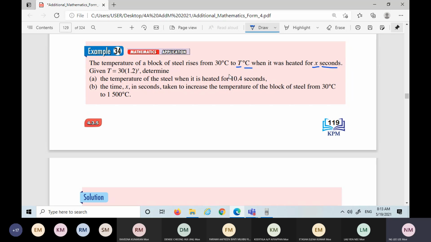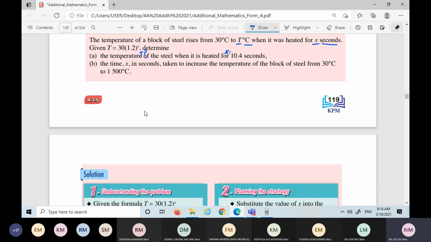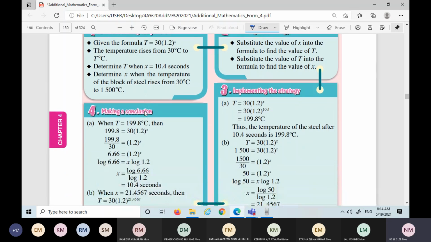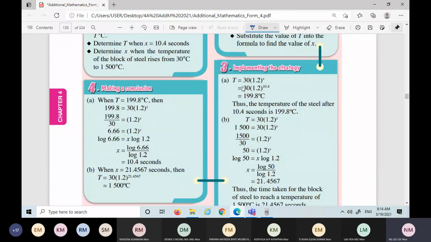So this 10.4 is the X. Determine the temperature, meaning find the T. We just apply the formula, very simple. So X is 10.4, so press the calculator to get the T.